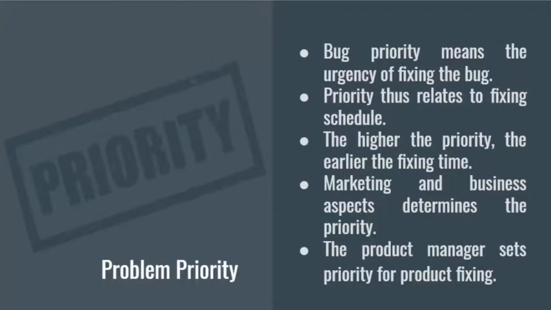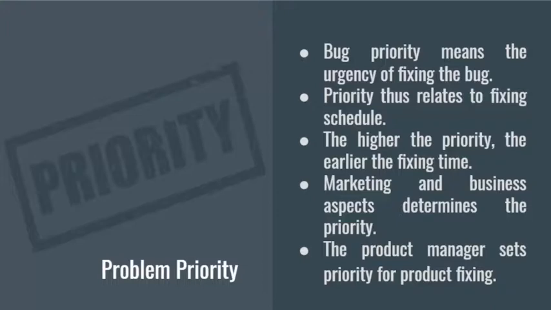Problem priority. Bug priority implies how fast the problem identified in the software requires a resolution, and it is also about grouping the problems in the order in which the assignees will work on them. Priority relates to the fixing schedule, from the most urgent to the least urgent.